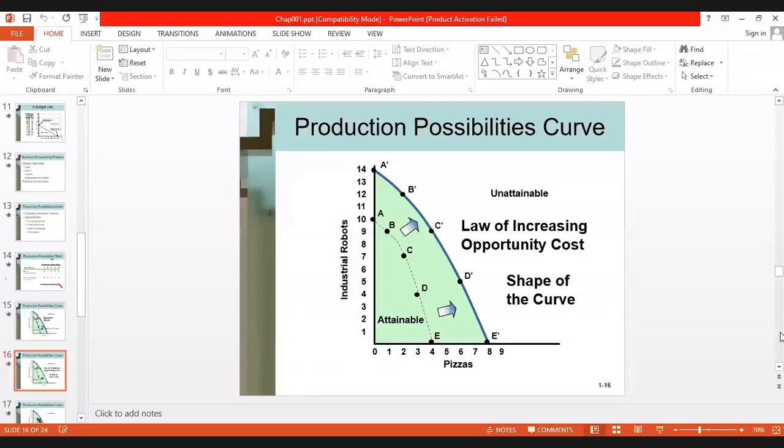Now we are using that machinery and tools for production. So every year the economy can grow because capital goods are increasing. Capital goods are used for future production of consumer goods.